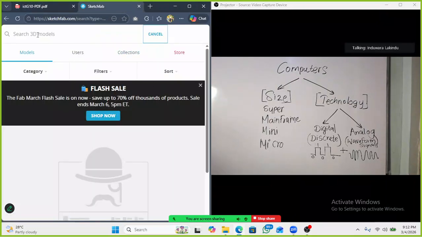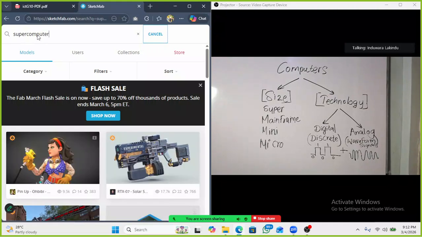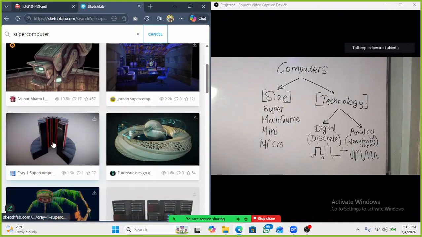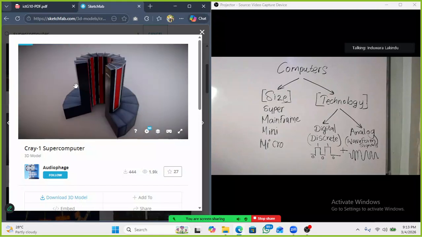Here I can show you a supercomputer. This is a supercomputer. Wait until it loads. Cray 1 supercomputer. Okay, here see.